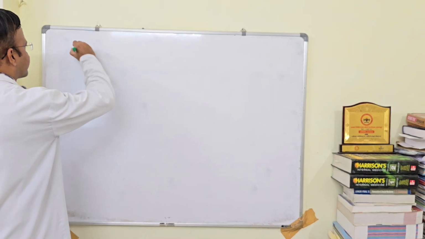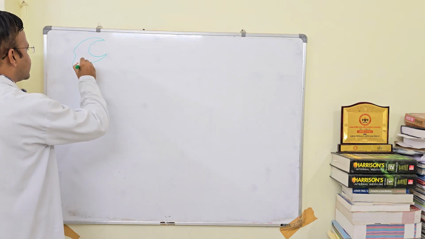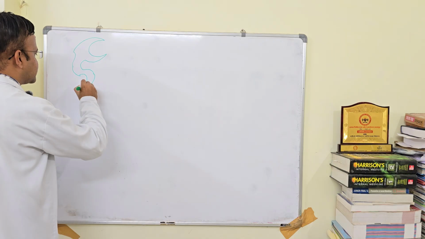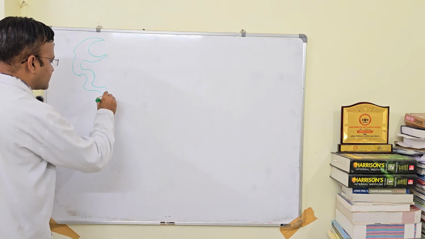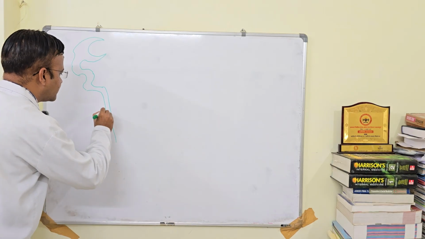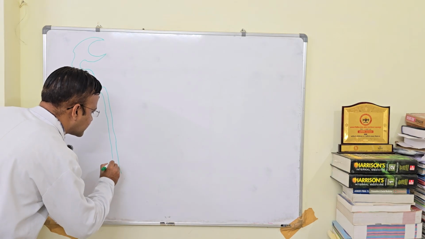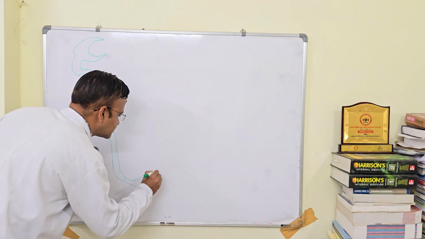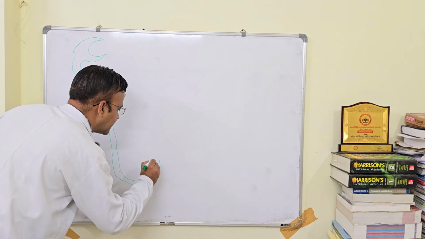Let's first of all draw our nephron. This is our Bowman's capsule, right? We'll draw the PCT, right? And after that we will draw our descending limb of the loop of Henle, right? And after that we will draw the thin ascending limb.